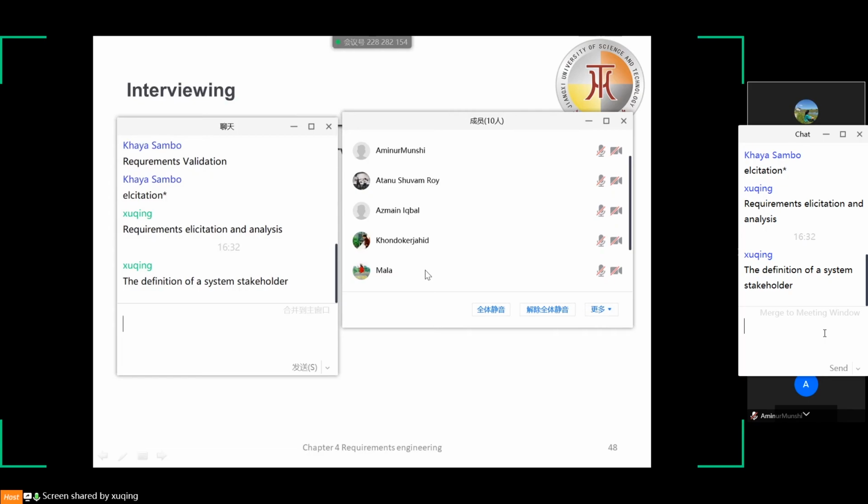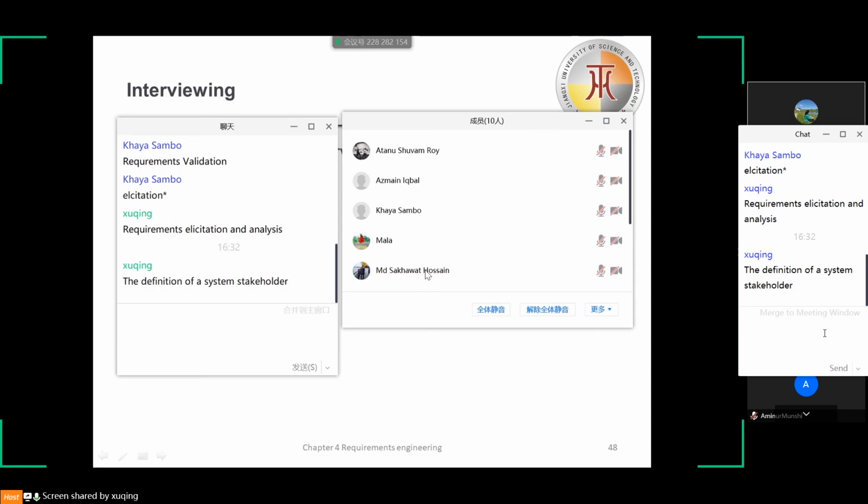And as you said, the end users are system stakeholders. We have also some other people, like IT staff, who are responsible for the installation or maintenance of the system.